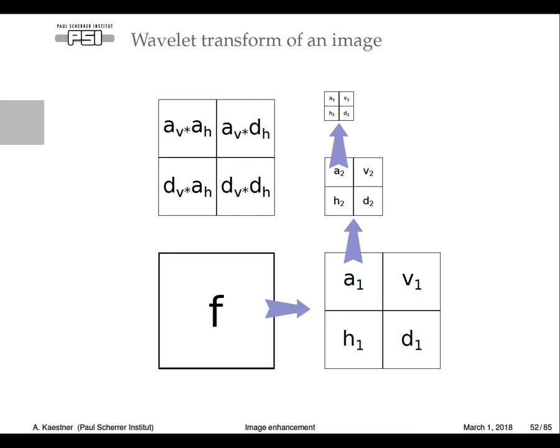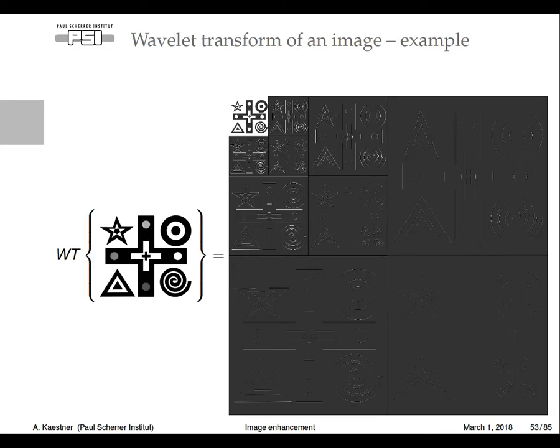And when we do the decomposition, now we take the whole image, get the trend, vertical, horizontal, diagonal, take the trend, make the same block again, and that is the procedure that you do a couple of times. How many times depends on what you want to achieve and what you can allow yourself to do.